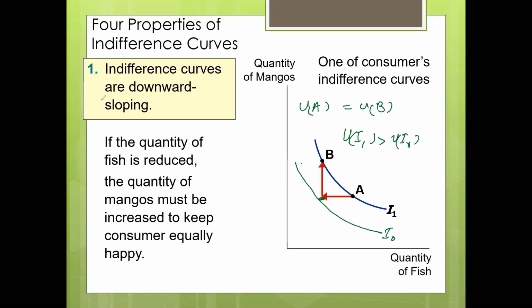So it is downward sloping, negative slope, because when one is decreasing, the other is increasing, so that the utility is constant. And by definition, on this line, utility is not changing. Bundles are changing, but utility is not changing. Okay, so let's see what's the next point.